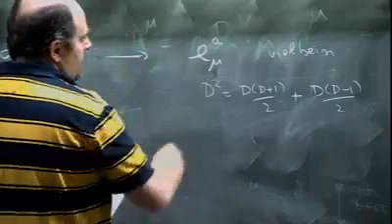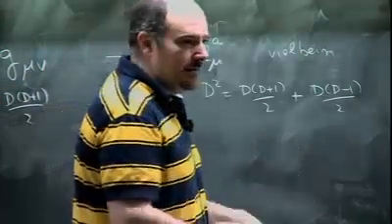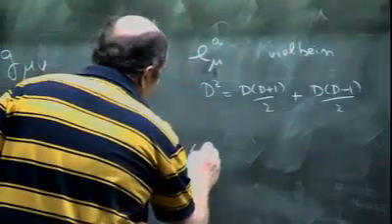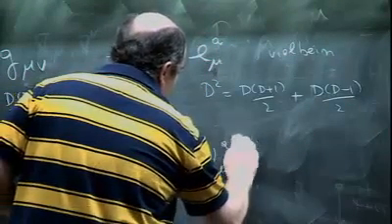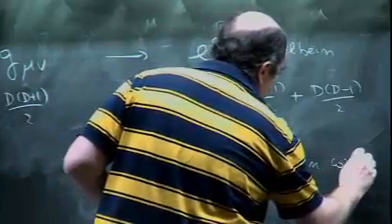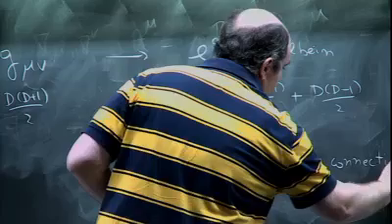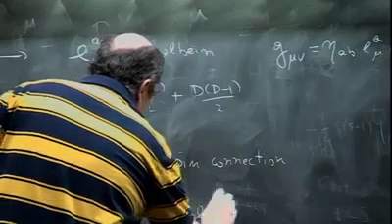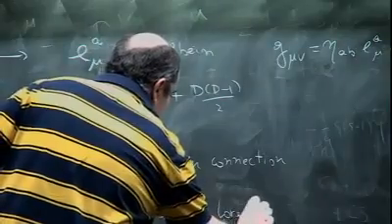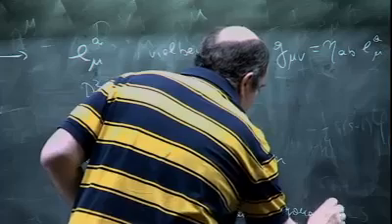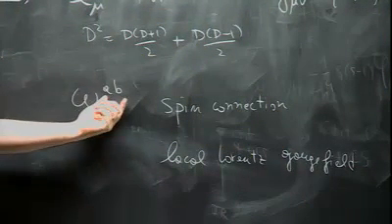So in this approach, you need to introduce some gauge field for this local Lorentz symmetry, right? So introduce a gauge field, which is the spin connection, the local Lorentz gauge field, where this is antisymmetric, right?